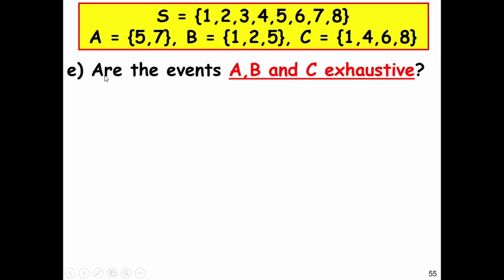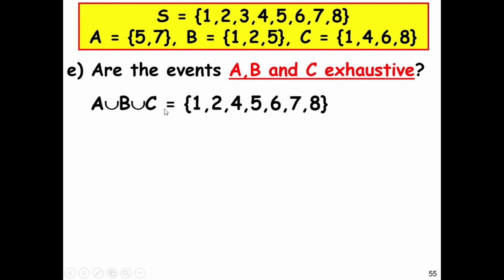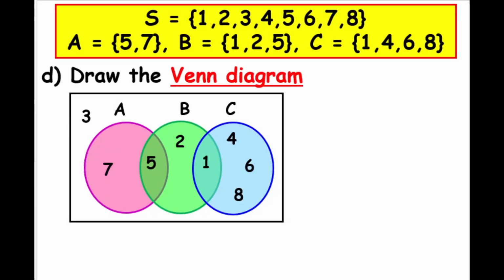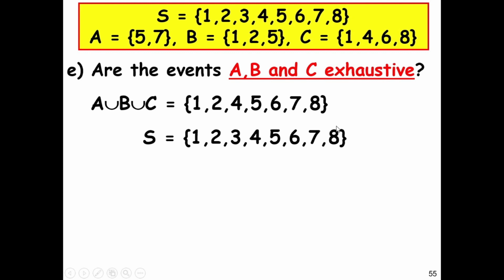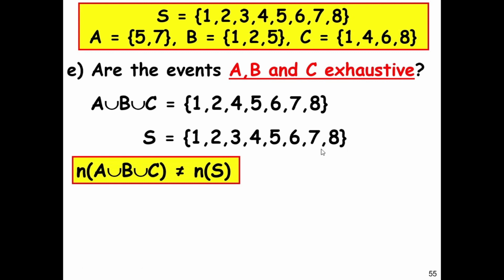Part E. Are the events A, B, and C exhaustive? Now we have to take a look at all the elements inside A, B, and C. From the Venn diagram, we can see that all the numbers from the sample space except 3, which are 1, 2, 4, 5, 6, 7, and 8, are elements in the set A union B union C. So the number of elements in A union B union C is 7, and the number in the sample space is 8.